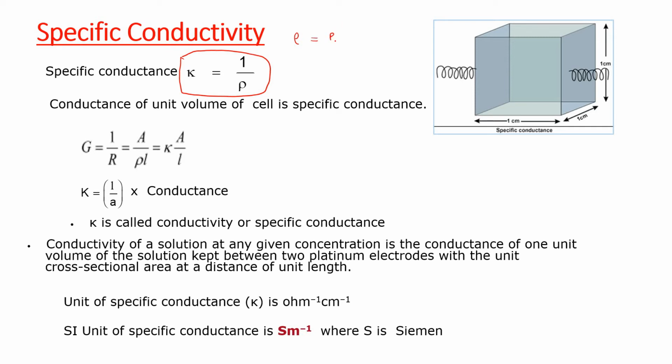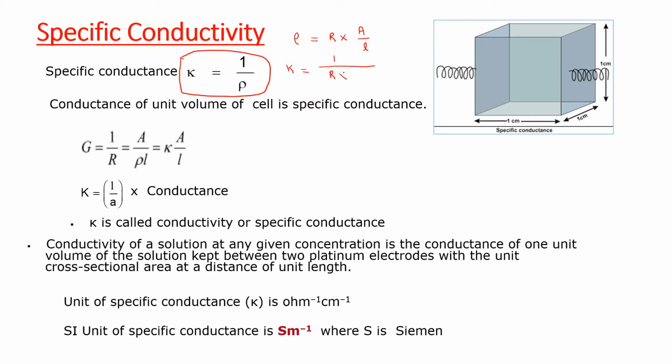Resistance into A by L, isn't it? Now take this one, 1 by rho. What we get?